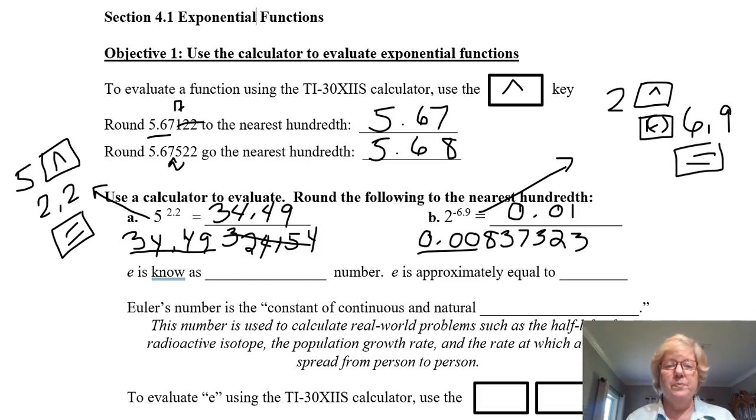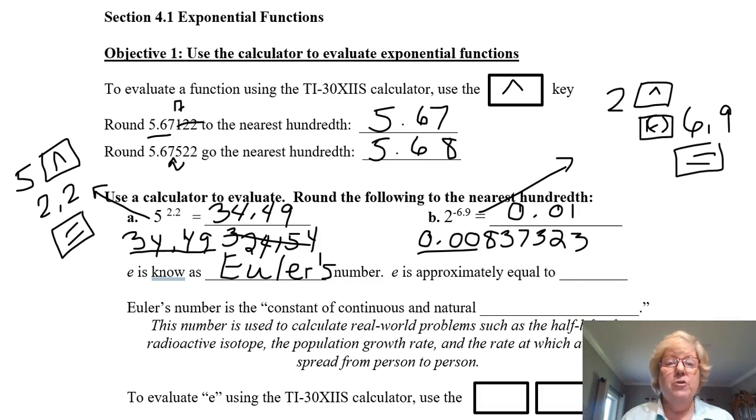Now, in addition to using your calculator, we're now going to cover a special number called Euler's number. This deals with the letter e. Whenever you see this letter e in upper level mathematics, that is known as Euler's number. Euler's number is a little bit like pi, the 3.14 number.